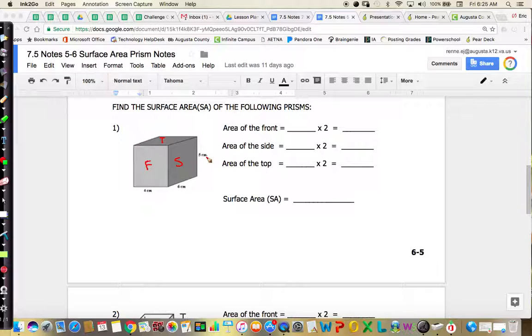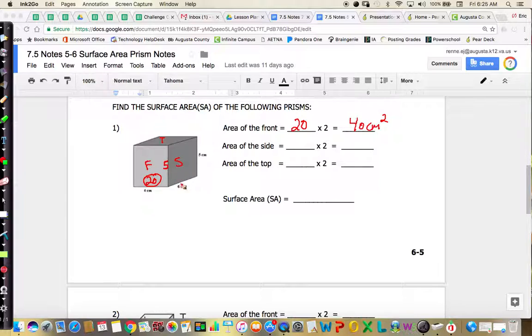So if this is 5 centimeters and this is also 5 centimeters, now we have a length and a width, so we can find the area. 4 times 5 is 20. Over here it says times 2, because there's a front and a back. If the front is 20, then the back is also 20, so I multiply 20 by 2, and I get 40 centimeters squared.